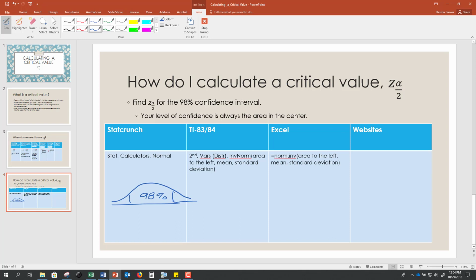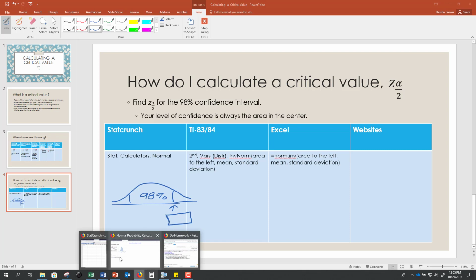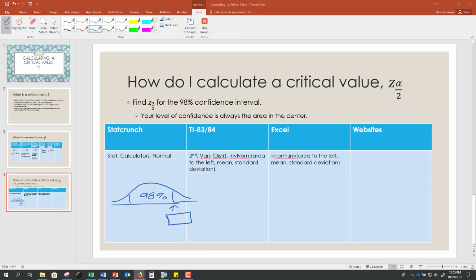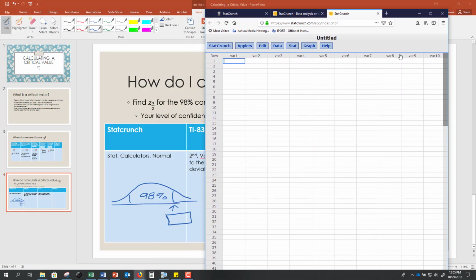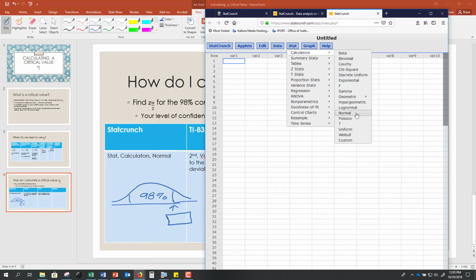And so in StatCrunch, there's an easy technique to figure that out. But when we're talking about critical values, we only want the positive z-score that's associated with this particular spot. So when we're looking at StatCrunch, we're going to go to Stat and Calculators, then Normal.